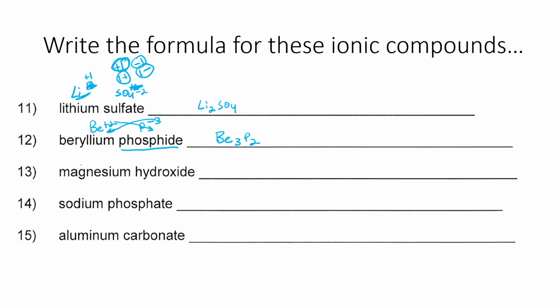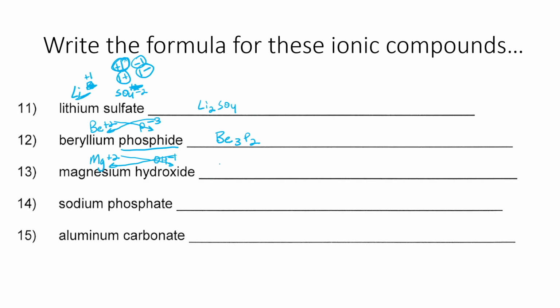Okay, so we now have magnesium hydroxide, Mg. And then we have the polyatomic ion hydroxide, which is OH. OH actually has a -1 charge. Magnesium has a +2 charge. So here you could crisscross again, where the 2 comes over here to the hydroxide, and the 1 comes over there to be the subscript for the magnesium.